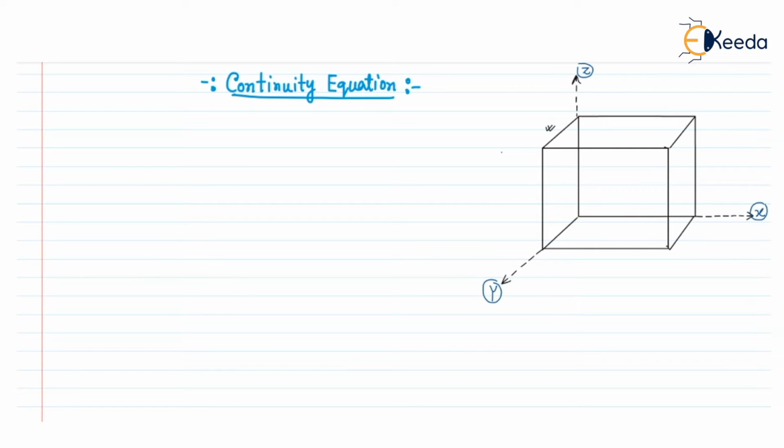That means let us consider the length in the y-axis is denoted by dy, and in the direction of the x-axis the length of the semiconductor block is dx, and in the z direction the length will be dz.